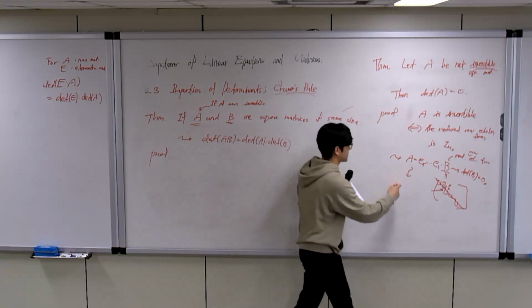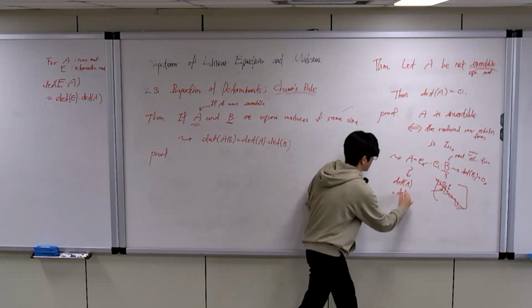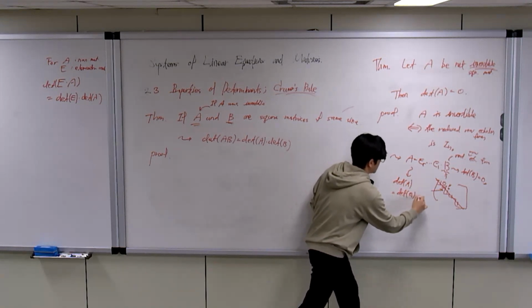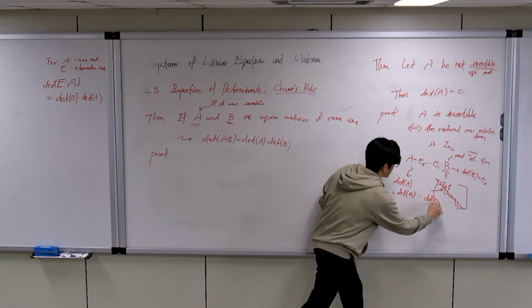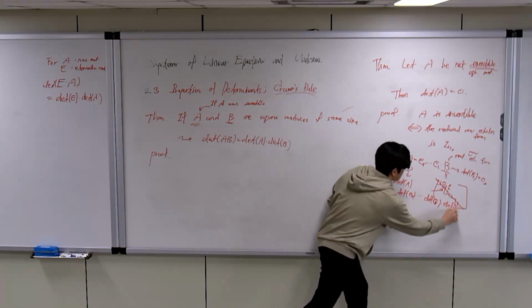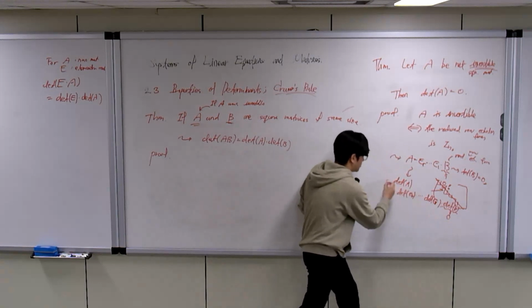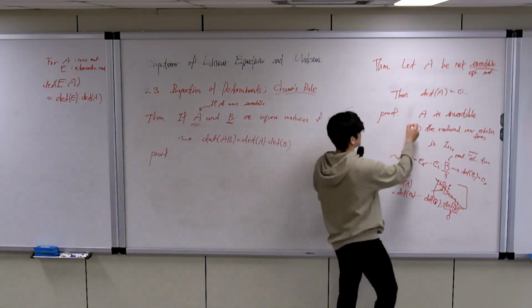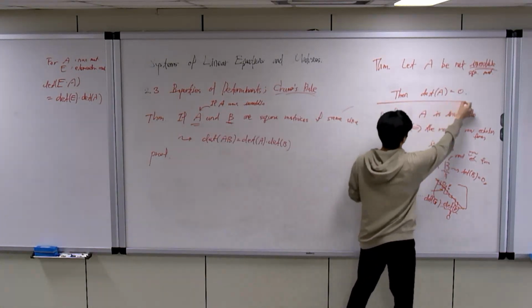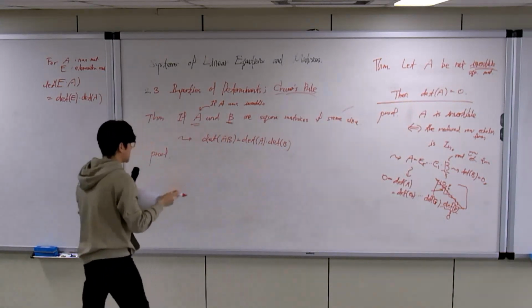From the previous fact, the determinant of A equals the product of the determinants of the elementary matrices E1 to ER times the determinant of B. However, its value was 0, so the determinant of A is 0. So if the matrix A is not invertible, then the determinant of A is 0.